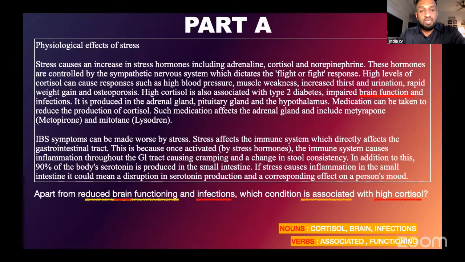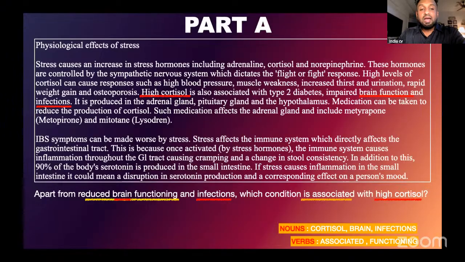If you look at this carefully, you'll understand. I found my keywords over here, brain function. I found infections. Now I will find the nearest punctuation. Where does this line begin from? The line begins from high cortisol, which is also my keyword. High cortisol is associated with type 2 diabetes, impaired brain function, and infection.